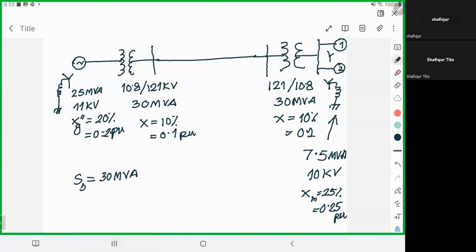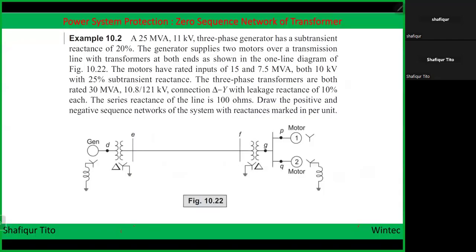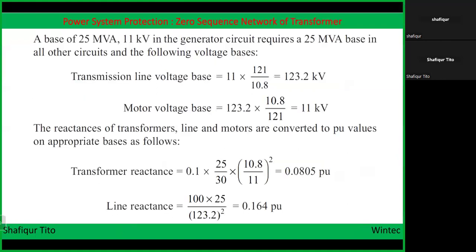This might conflict with the solution that is given. In the solution, it is mentioned that they have taken 25 as their base, considering that only a single generator is connected to the network. But we can always consider that this network is part of a large network, and then 30 MVA can also be considered as the base.